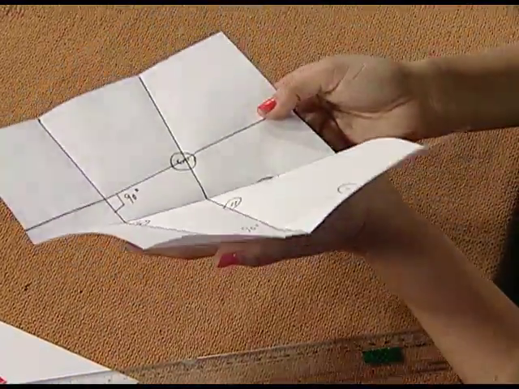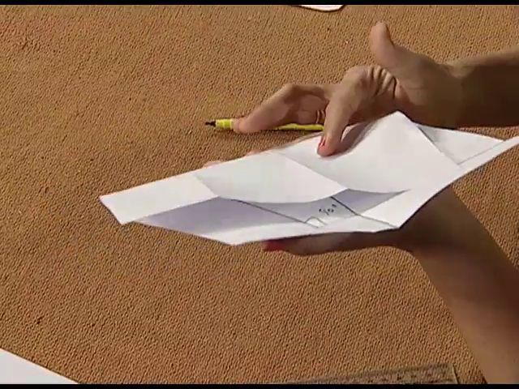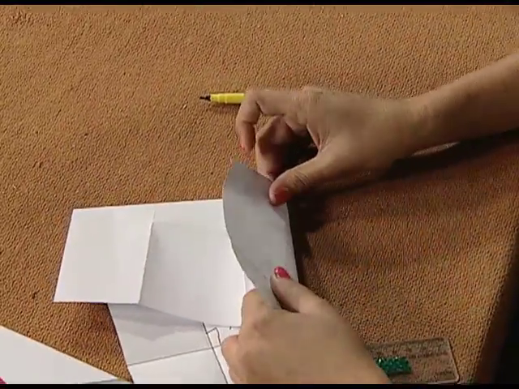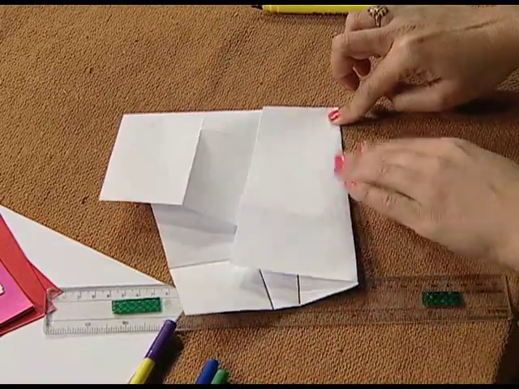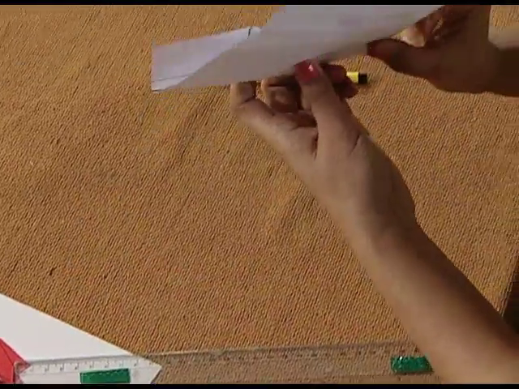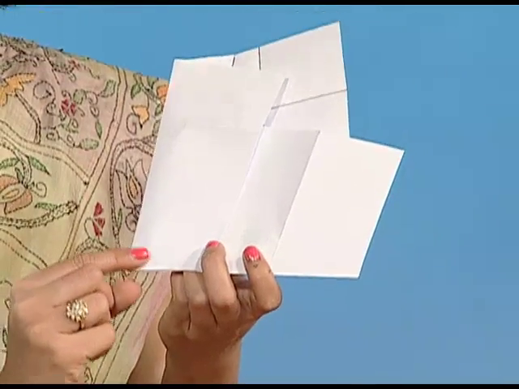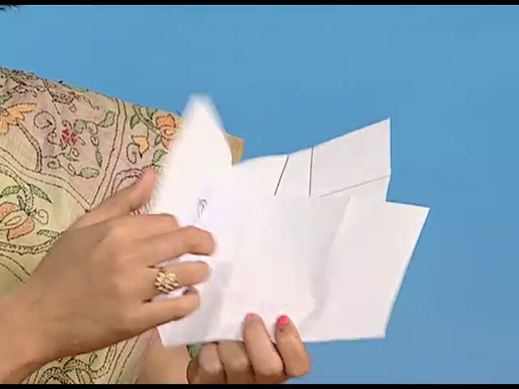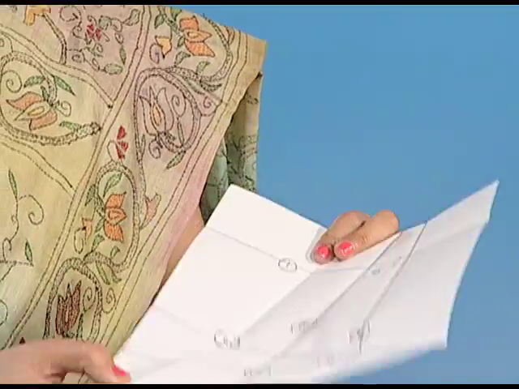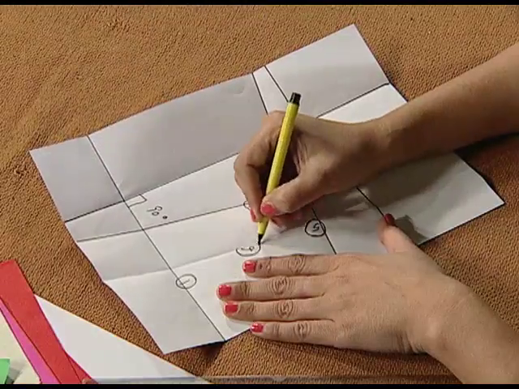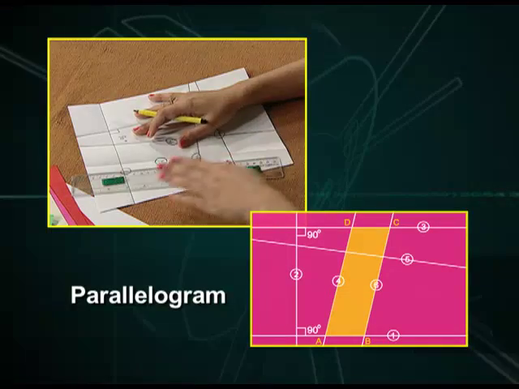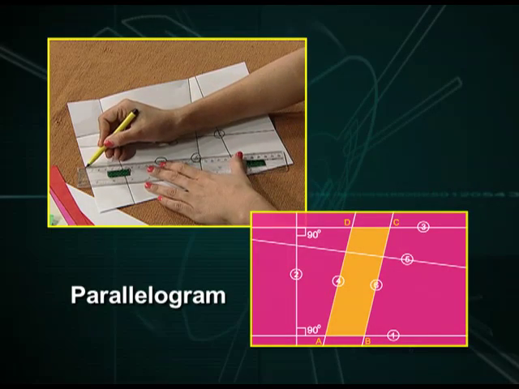So you can see that I am taking crease 5 as the base now. So I have to make a crease perpendicular to crease number 5. Again observe this angle, it is 90 degrees. Unfold it and number the new crease as crease number 6 and draw another line.